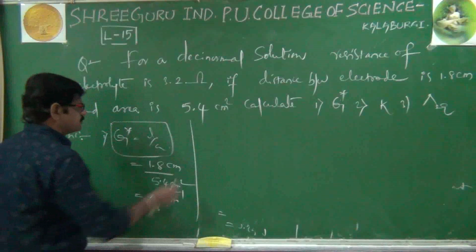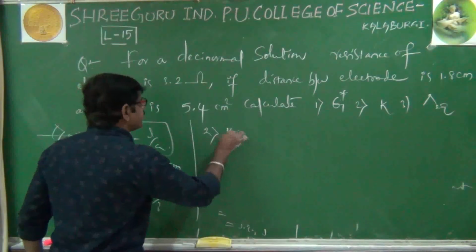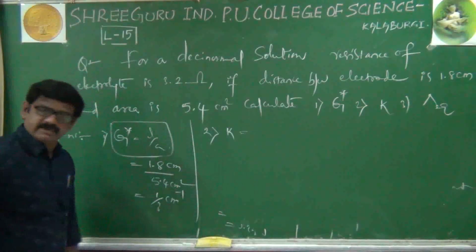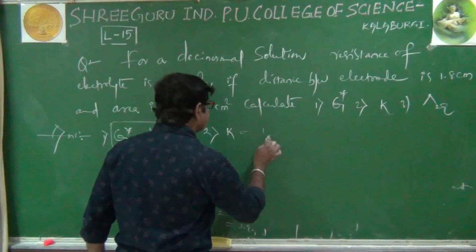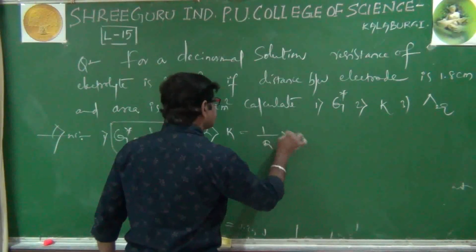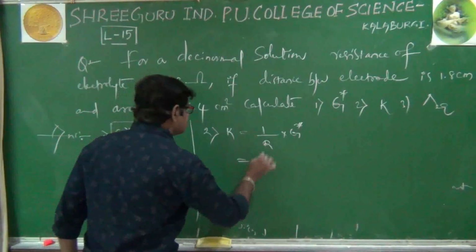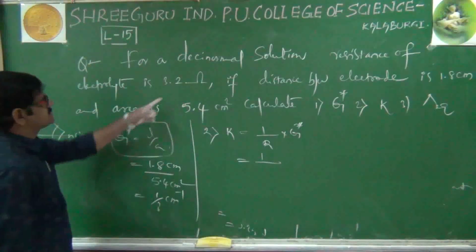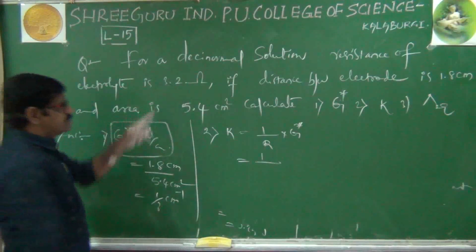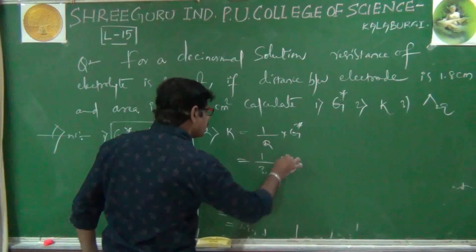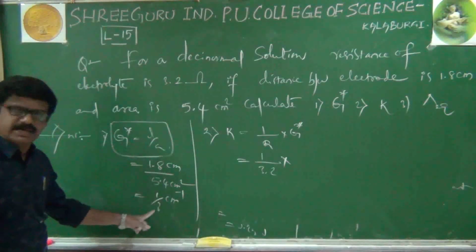This is the first answer. The second is K, and we have the K formula. K is equal to 1 by R into L by A, nothing but G star. That is equal to 1 by R, the resistance already given in the question, 3.2, into G star, which is 1 by 3.